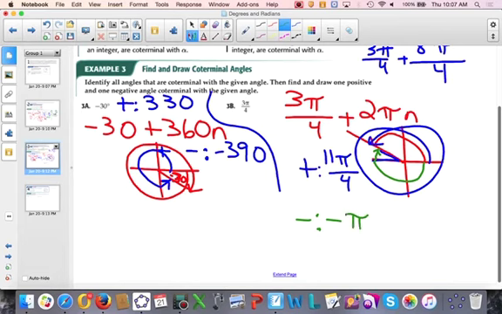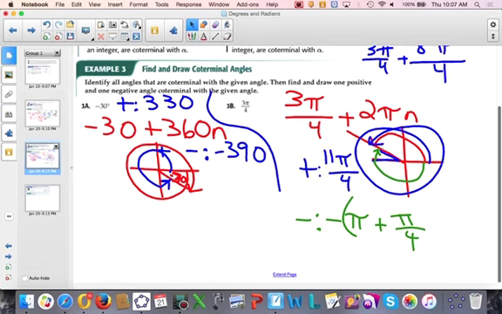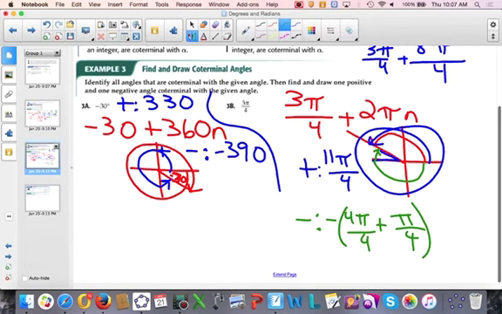That was pi plus another pi over 4. Well, pi is equivalent to 4 pi over 4. And when I simplify this, I have negative 5 pi over 4. And that is a negative coterminal angle.